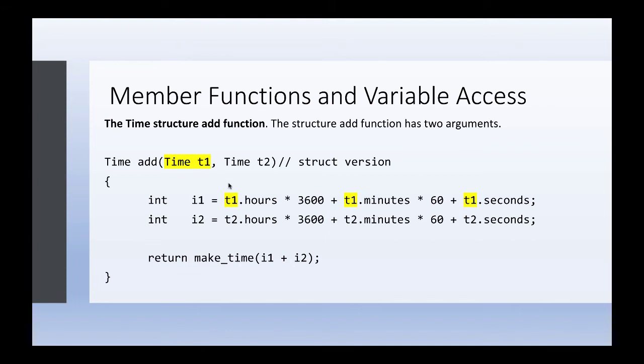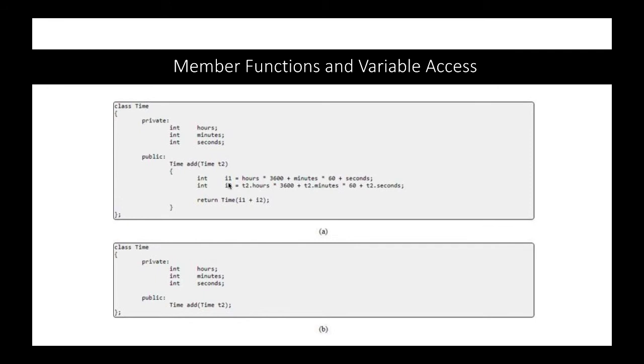Okay, so if we come back to our time class implementation of add, and we only pass in one variable, how does it know which hours this belongs to? How does it know which minutes, which seconds? These hours obviously belong to T2. These minutes obviously belong to T2, and the seconds as well.